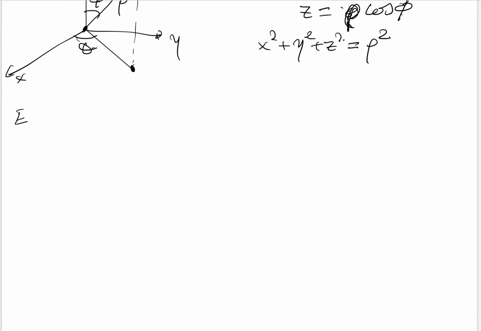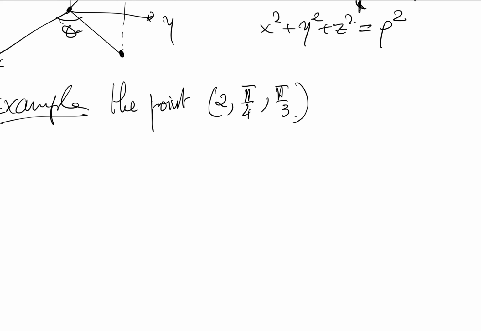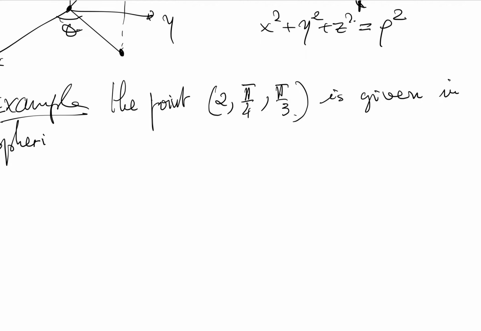So, example. You can also check it in the book. The point 2, pi over 4, pi over 3 is given in spherical coordinates.